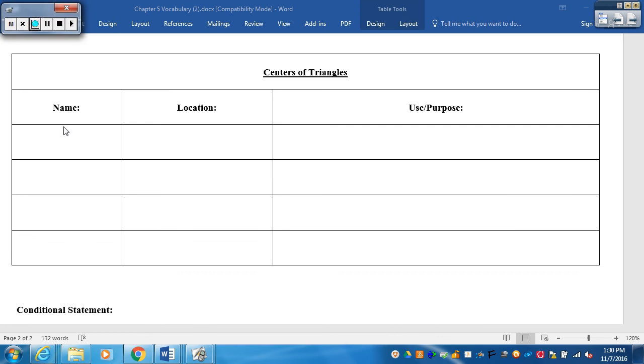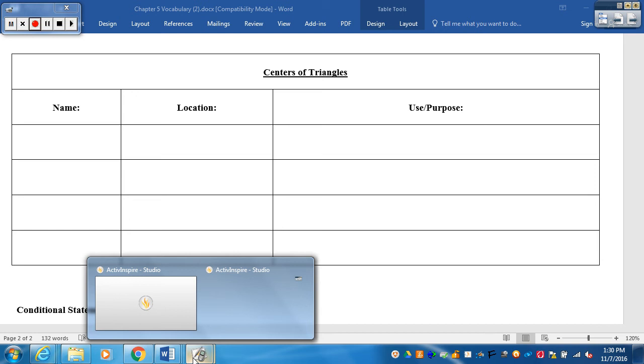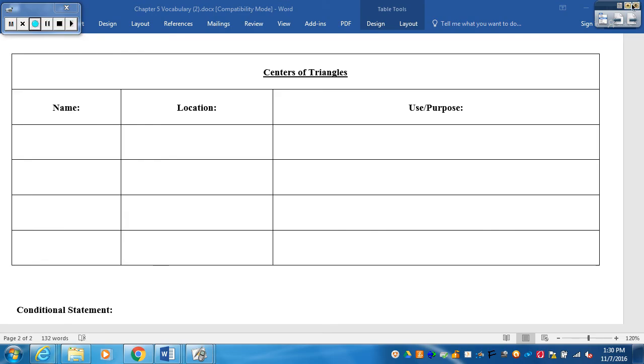So you want to put, again, that was circumcenter and then incenter, and the location where the perpendicular bisectors meet, where the angle bisectors meet, so on and so forth. So I apologize about that. I didn't know it wasn't showing up on my board until after we got done there.